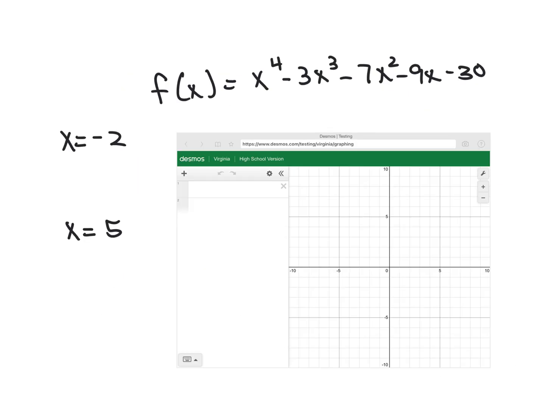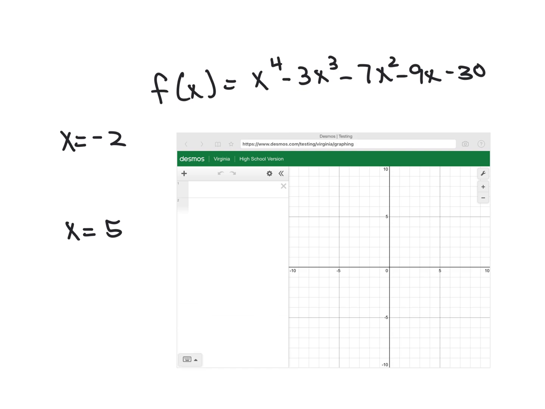All right, on the second example that you sent me, f of x equals x to the fourth minus 3x cubed minus 7x squared minus 9x minus 30, what we're going to do is type this into Desmos.